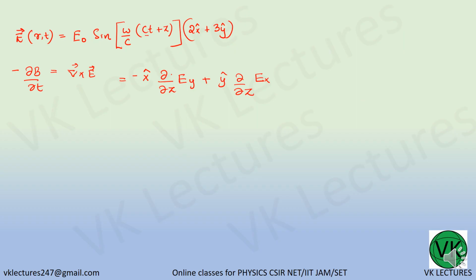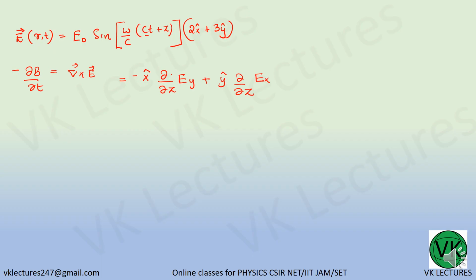Now we have the electric field E equal to E naught sine of omega by c into ct plus z times 2x cap plus 3y cap, and from Maxwell's equation, del cross E equal to minus dou B by dou t, which is given by minus x cap into dou by dou z of Ey plus y cap into dou by dou z of Ex.